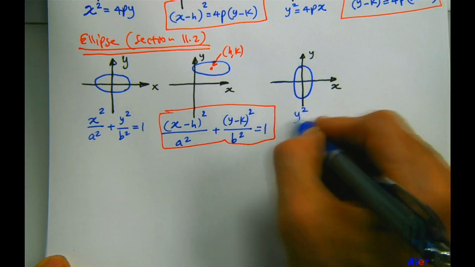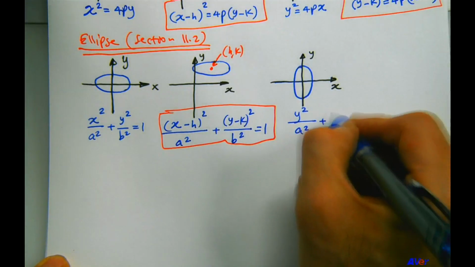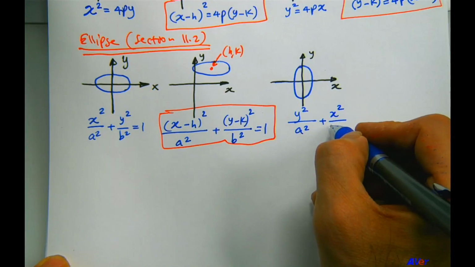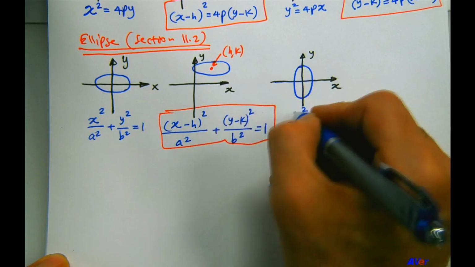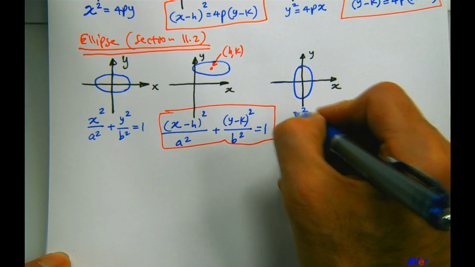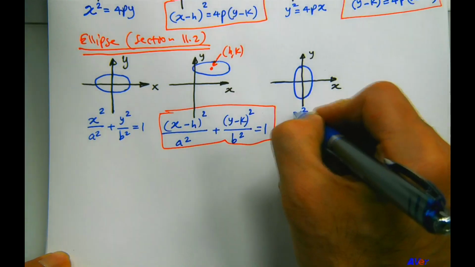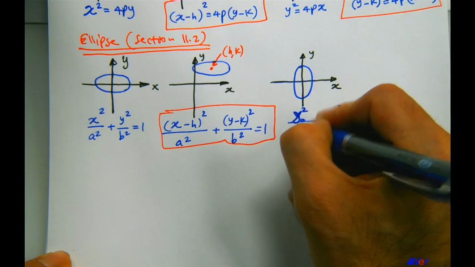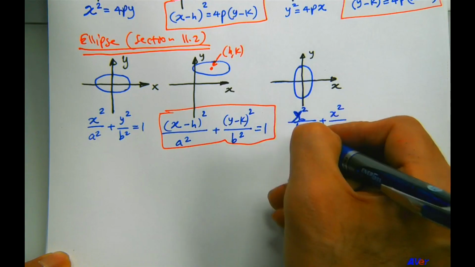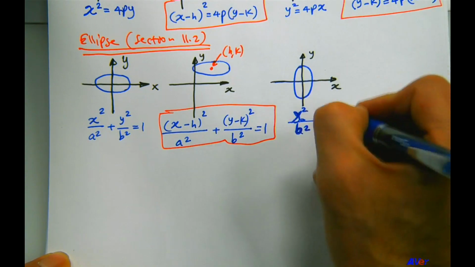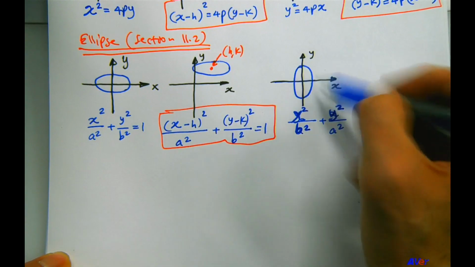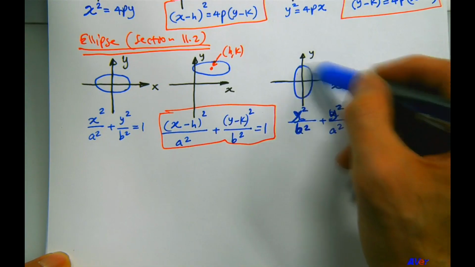So we'll have y squared over a squared plus x squared over b squared. So x squared is over the quantity that is associated with the minor axis, and then y squared over a squared, of course, because the major axis is along the y-axis.